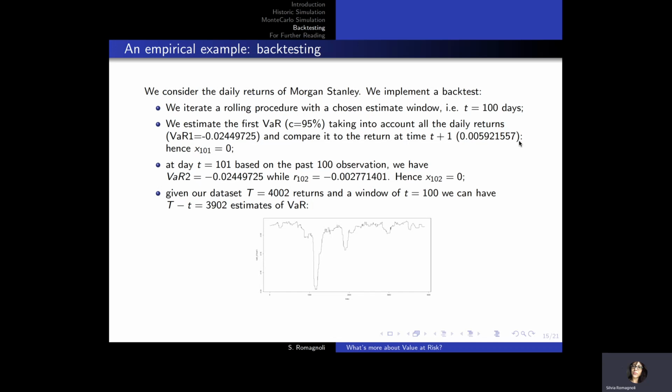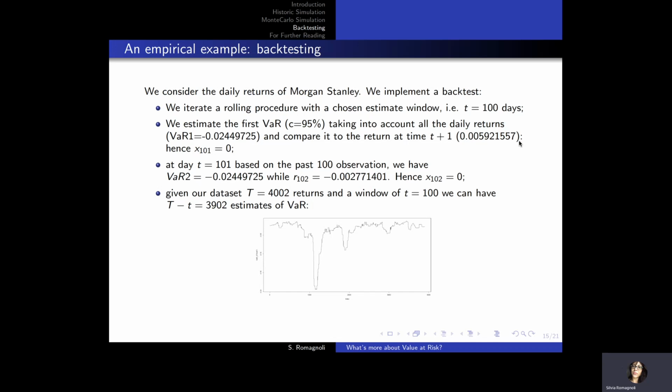Then we compare this value at risk to the returns recorded at time t plus 1. And we define the binary variable, which in this case is null. So we don't have any violation because the realized return is greater than the estimated VaR.